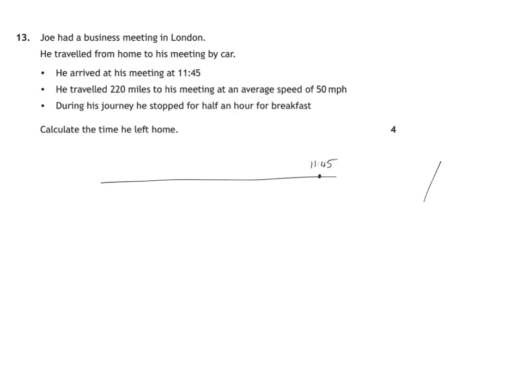So we have speed, distance, time when we're doing this. Distance goes on the top and we have speed and time. So we know that our time is going to be our distance divided by speed. So in this case it's 220 divided by 50. Okay, so here that's the same as doing, we can get rid of our zeros top and bottom, so it's 22 divided by 5.